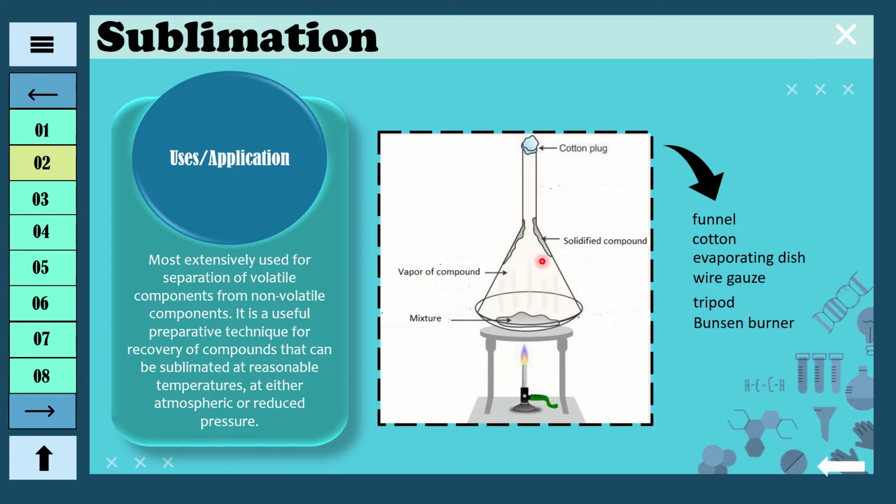As you can see here, we have the volatile compound on the side of the funnel as a solidified compound. We call this process deposition, where a gaseous state becomes solid and will now remain on the side of the funnel. This purified volatile compound is what we call the sublimate. Again, this solid compound that was formed after evaporation and subjected to deposition is what we call the sublimate.